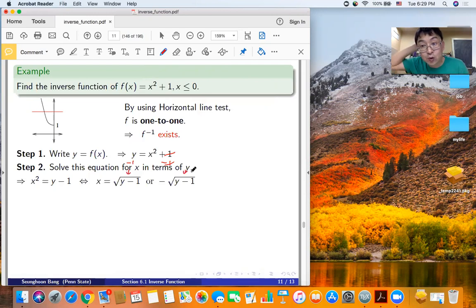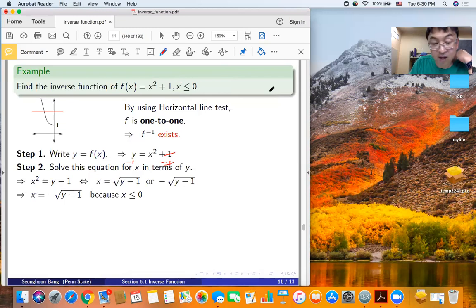The domain of f is x less than or equal to 0, and reflecting over y equals x, the inverse takes negative values. So x is a negative number, and you choose the negative one because of the domain, x less than or equal to 0.